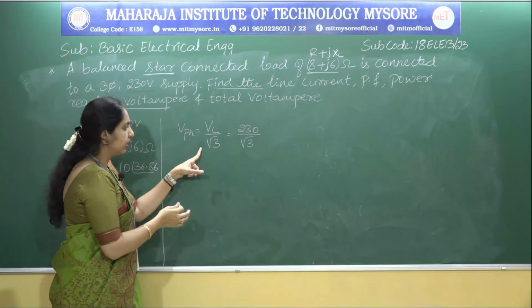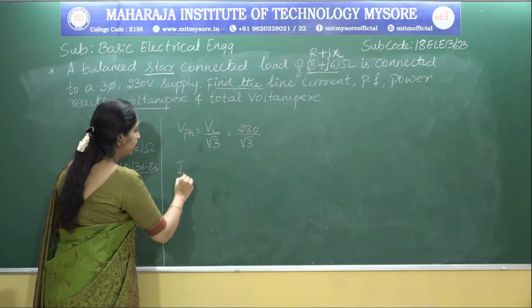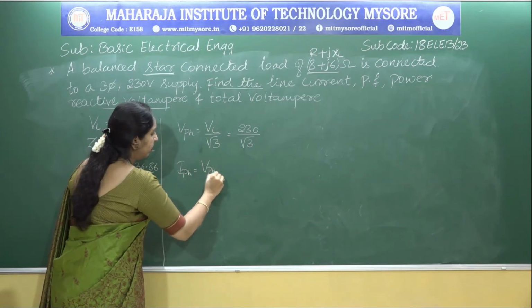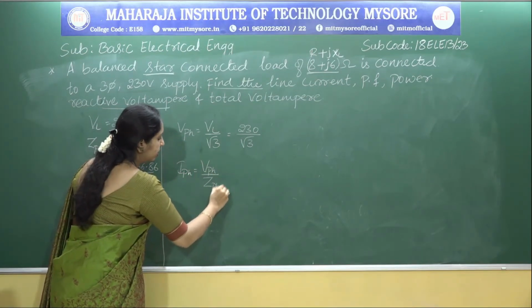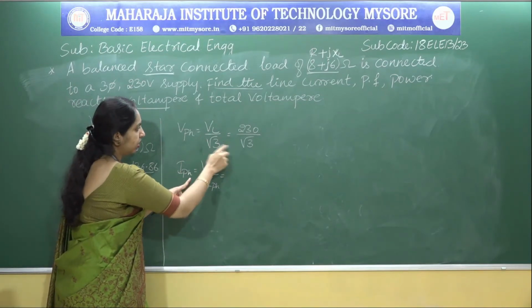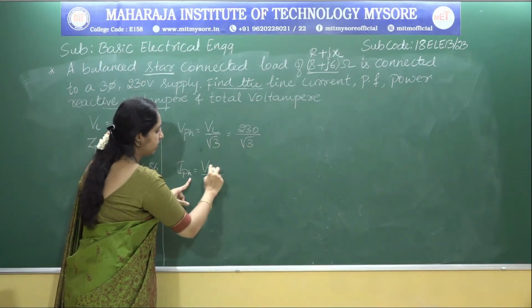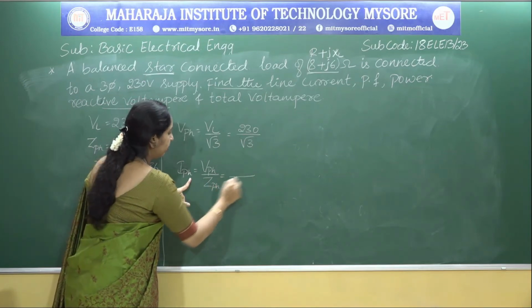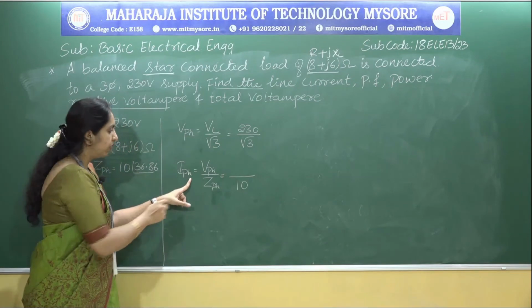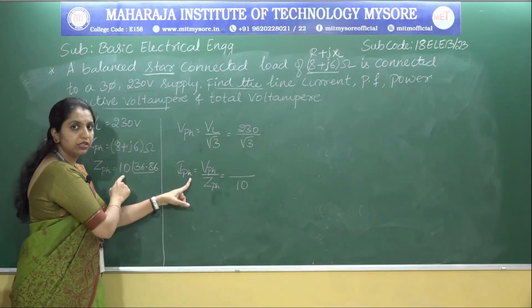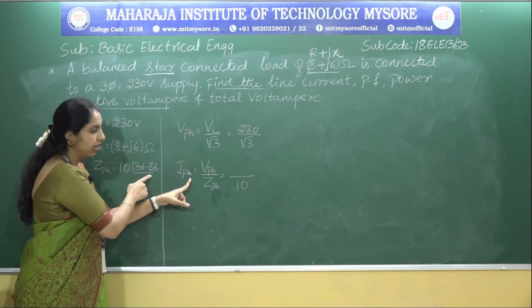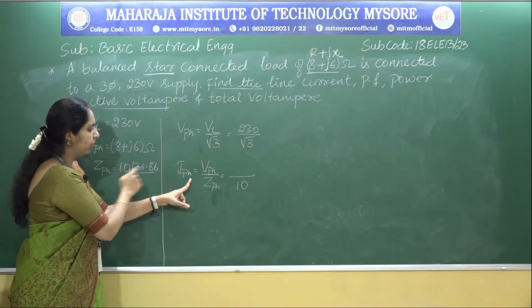In the next step, to find the value of IPH, we know that IPH is equal to VPH divided by ZPH, right? After simplifying this expression, we divide by ZPH, and in ZPH we take only the magnitude, that is 10. We are not taking the 36.86, that is the angle.